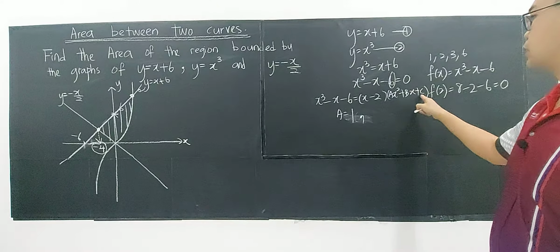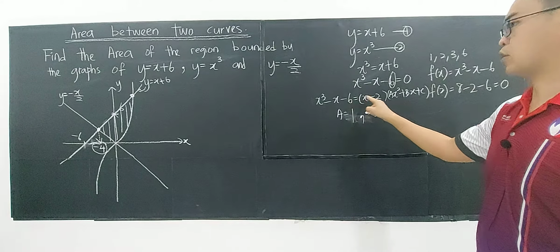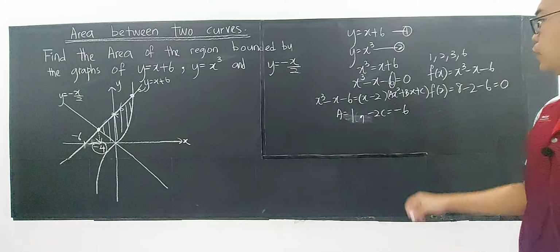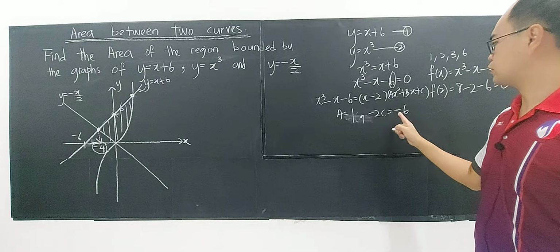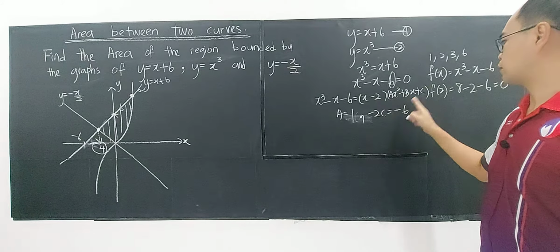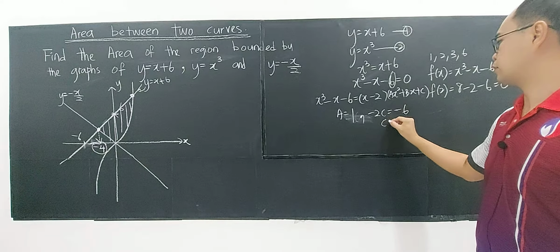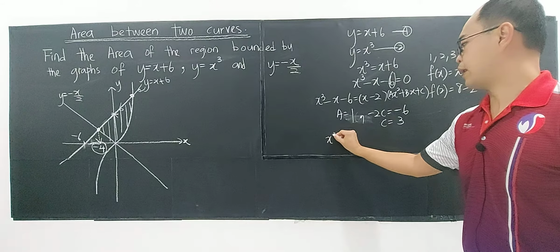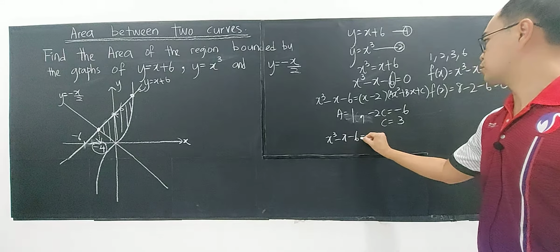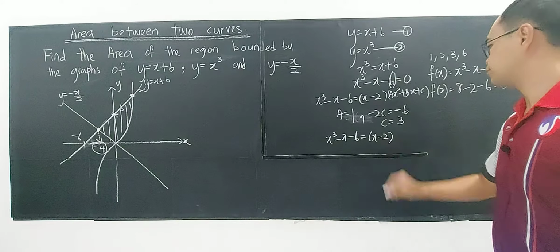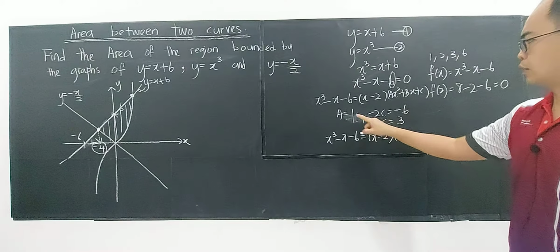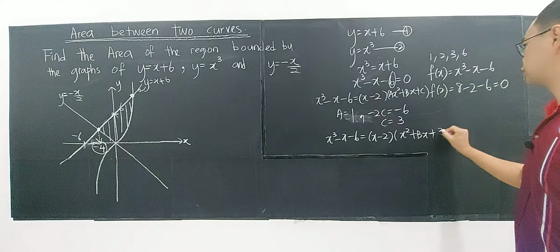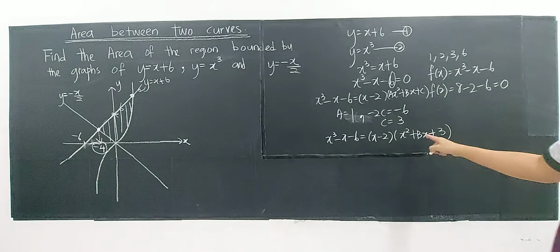For c, the constant term, negative 2 multiplied by c gives negative 2c, which equals negative 6, so c equals 3. So x cubed minus x minus 6 equals x minus 2 times x squared plus bx plus 3. Finally, we have to find b.